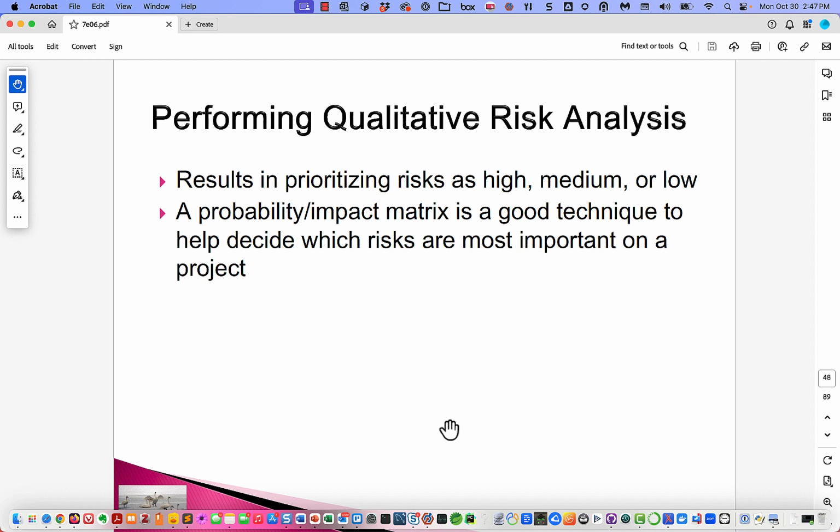Performing qualitative risk analysis, the PMI approach to this includes both qualitative and quantitative risk analysis, and I just want to point out even the stuff that they call qualitative leads to graphs.